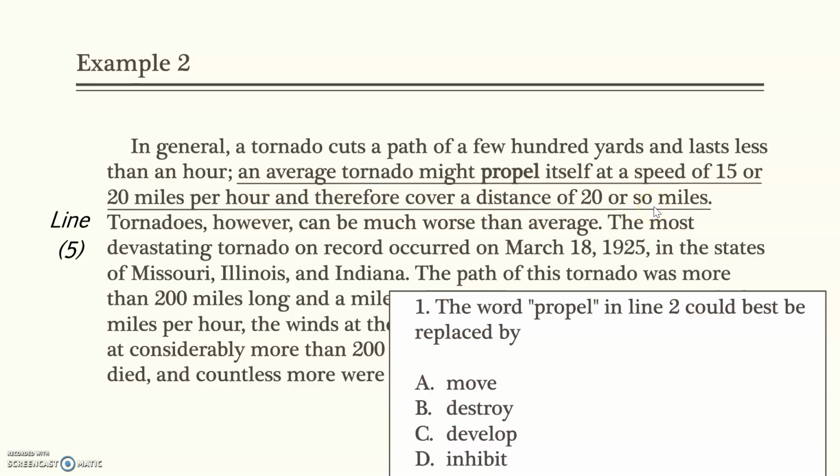Now imagine a thing that can have a speed of something miles per hour and cover a distance. Usually it's like a plane, a motorcycle, a car. They have speed and can go for a distance if they move, not destroy, or develop or inhibit.